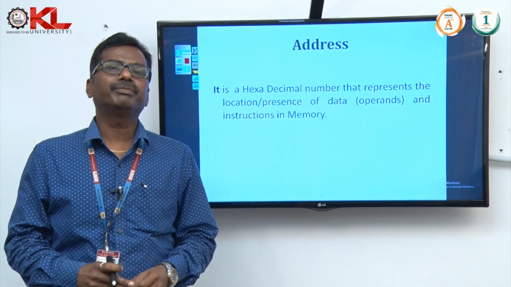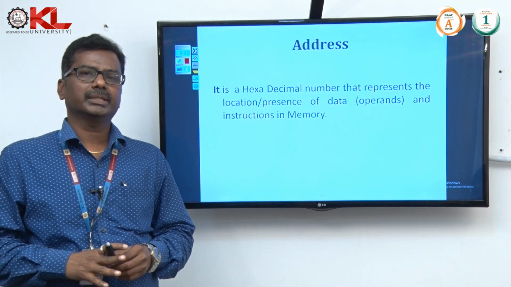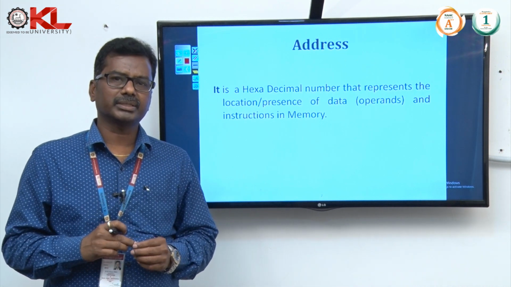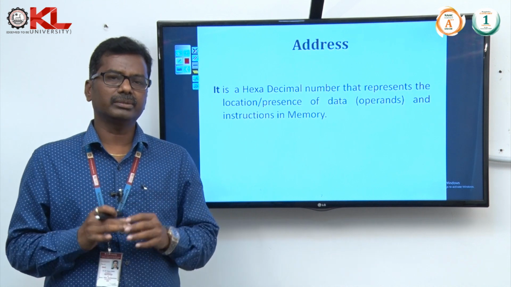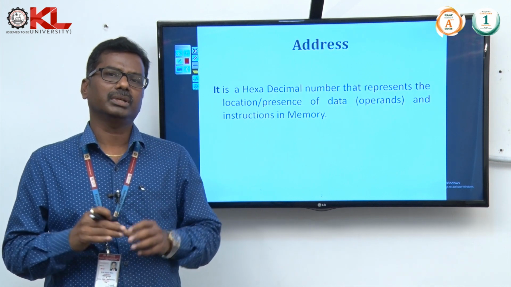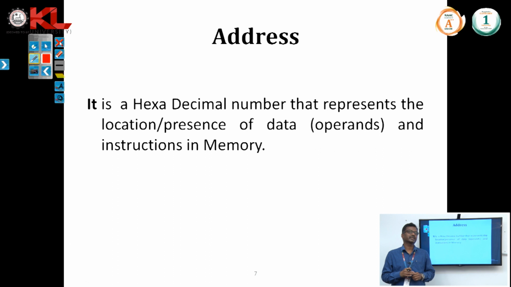Now, before we try to understand the meaning of addressing mode, let us try to have some idea about the address, because this is the word we frequently come across. This is a concept we frequently come across in almost all the topics of computer organization.